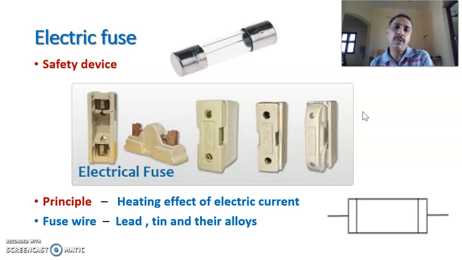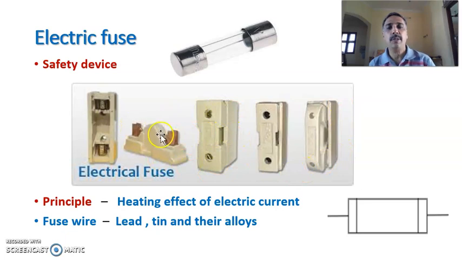Now, how to use this effect as an application? The electric fuse or the safety fuse is an important application of this electrical heating effect. Right? We may find this electric fuse in a meter box in our homes.